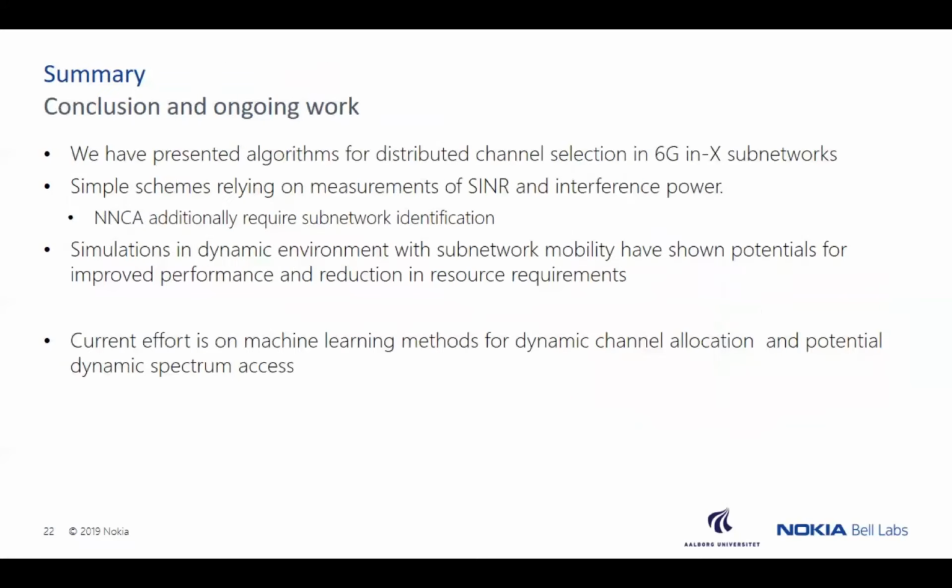To wrap up, we have shown some algorithms for distributed allocation of resources in 6G shared subnetworks. The algorithms are simple and only rely on the measurement of SINR and interference power, and our simulation studies have shown great potential for improving the performance of these autonomous shared subnetworks and also reducing the resource requirement.